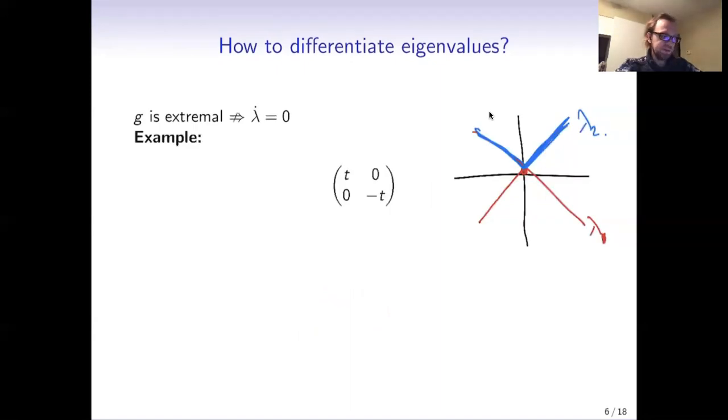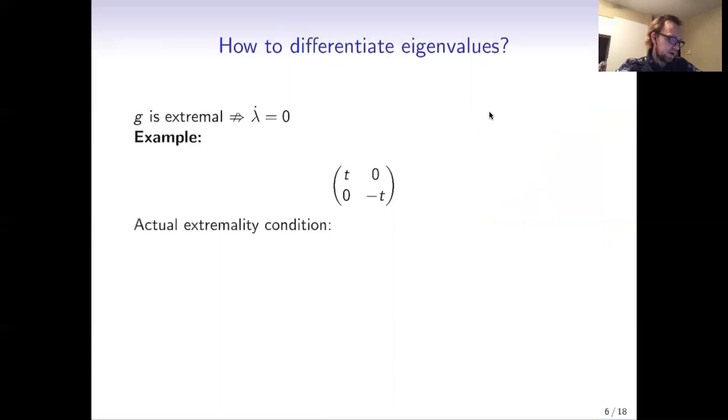Right, so what actually happens in general? So in general, the following happens. You have your eigenvalue, lambda k, but it is multiple. When you do deformation, this eigenvalue splits, right? So it has several branches and they split off like this.